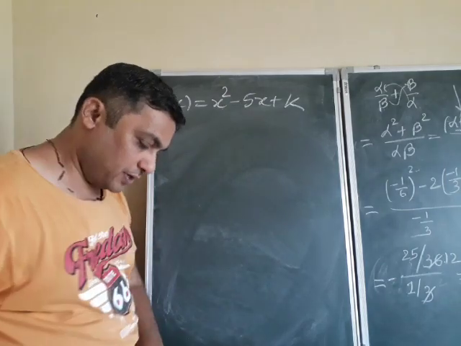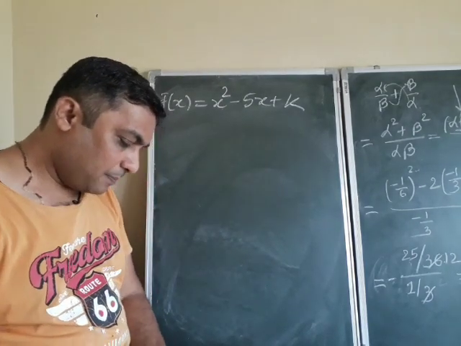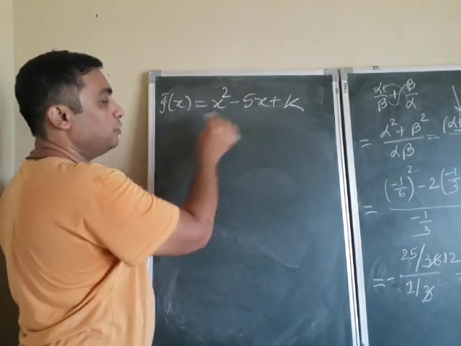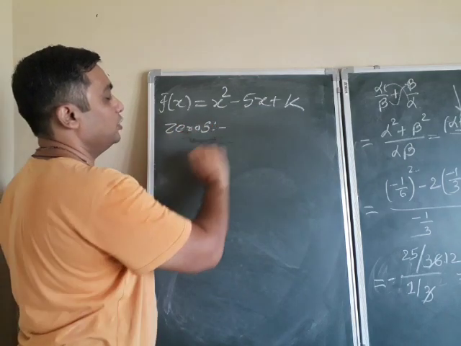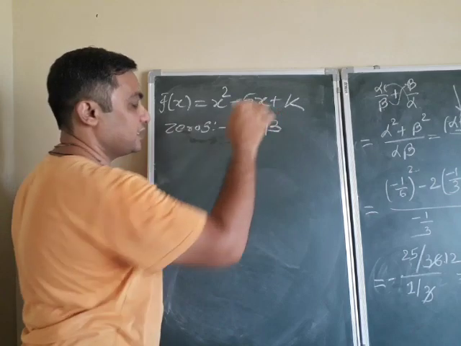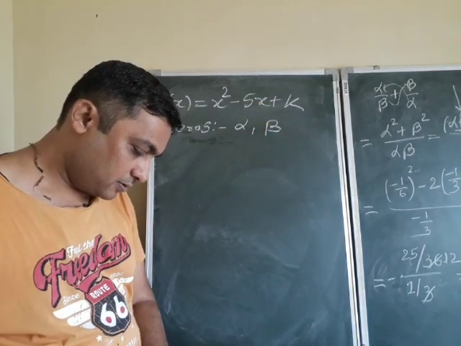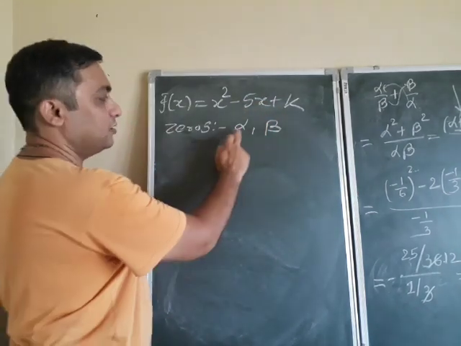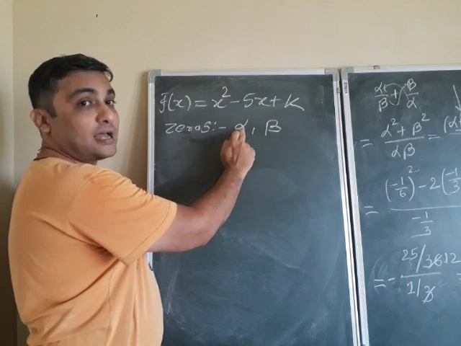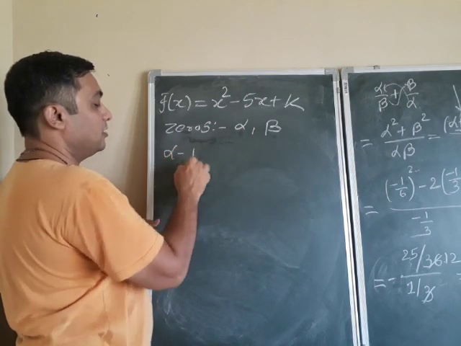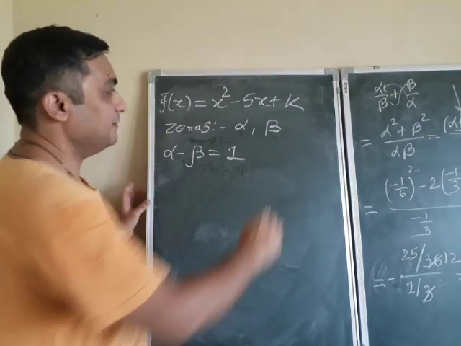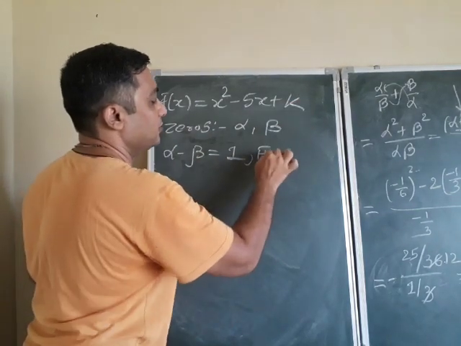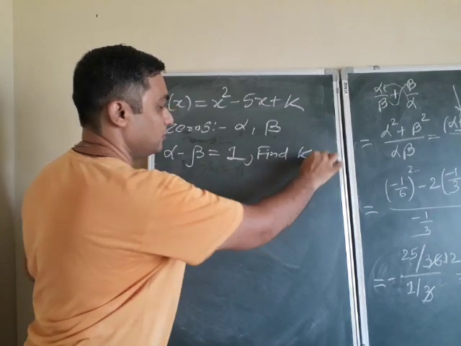This is the polynomial, and this polynomial has two zeros, alpha and beta, such that alpha minus beta is equal to 1. Then find the value of k. This is the data.